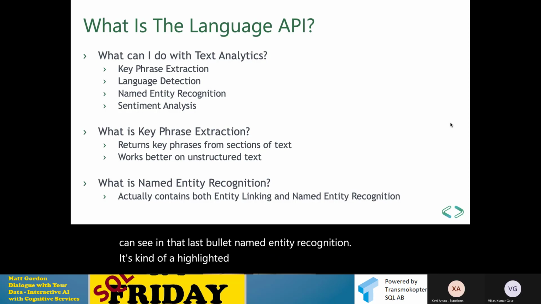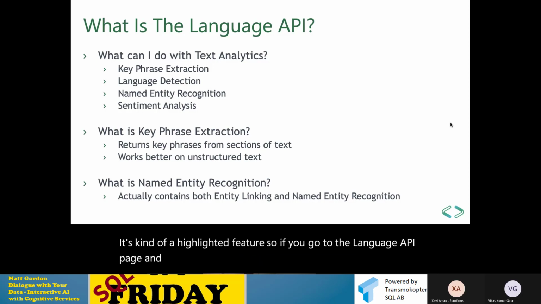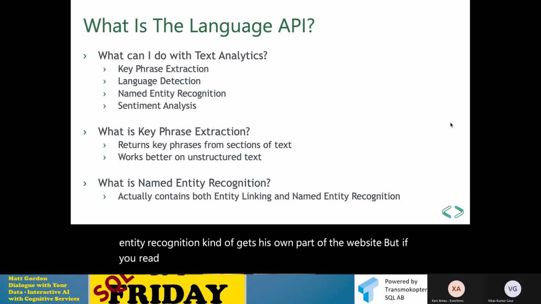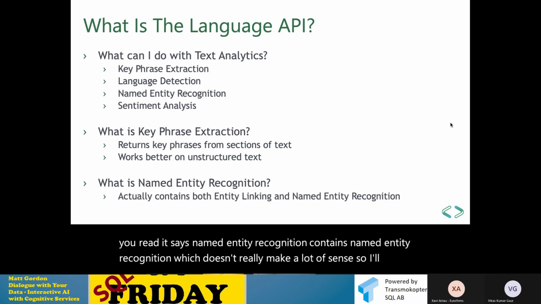If you go to the language API page and click to the text analytics page from there, named entity recognition kind of gets its own part of the website. But if you read it, it says named entity recognition contains named entity recognition, which doesn't really make a lot of sense. So I'll try to break this down.